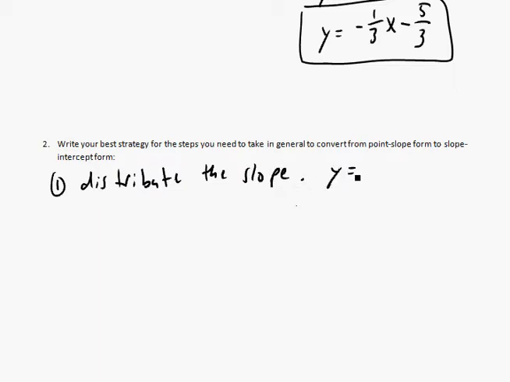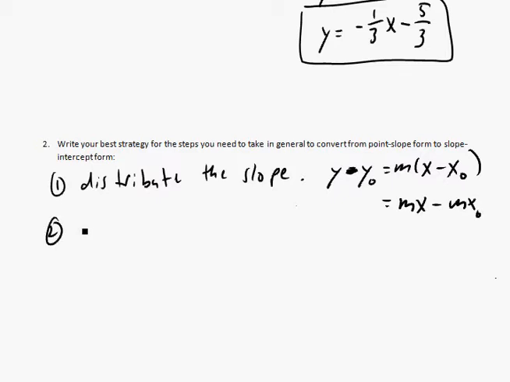What I mean is, when we have point-slope form, we have y minus y sub 0 equals m times x minus x sub 0. We would distribute this m times these two quantities here. So we would have mx minus m times x sub 0.